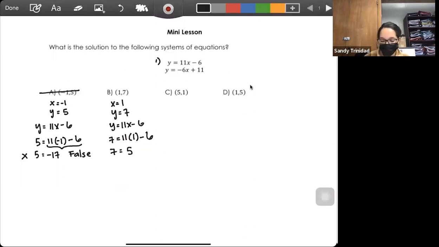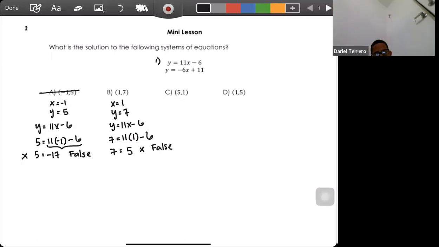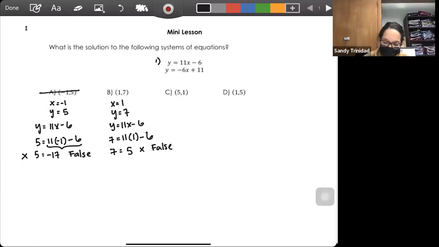And 7 is not equal to 5, right? So again, this is false. Should I keep checking the other equation if it doesn't already work for the first one? Do I have to check the second one? You can answer in the chat. No, right? So we can eliminate this answer as well.